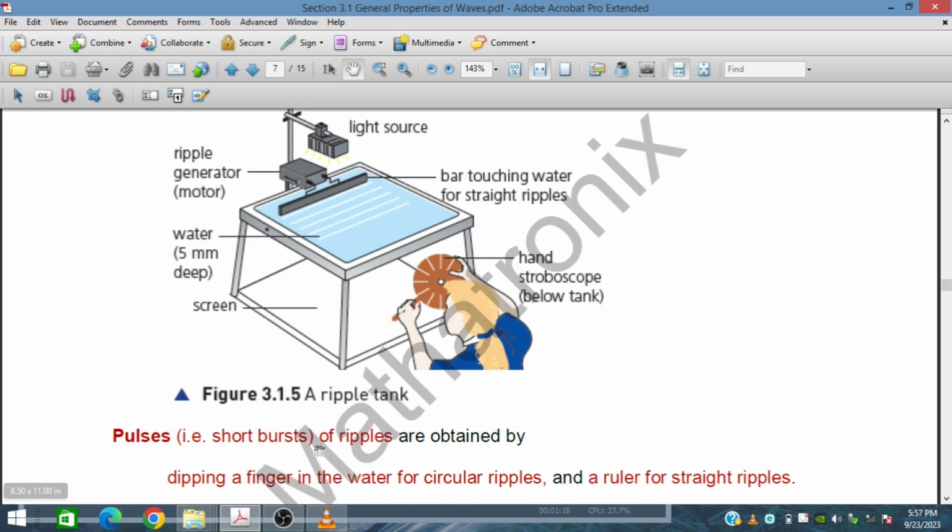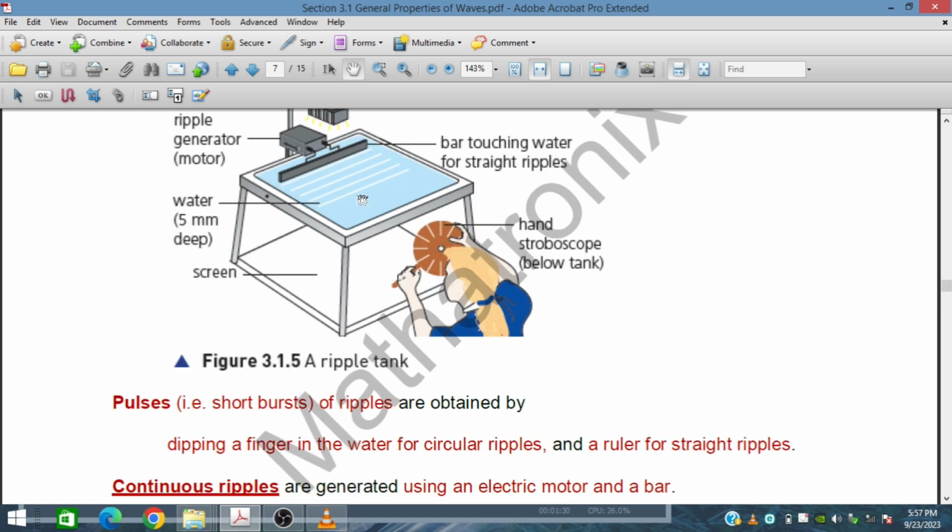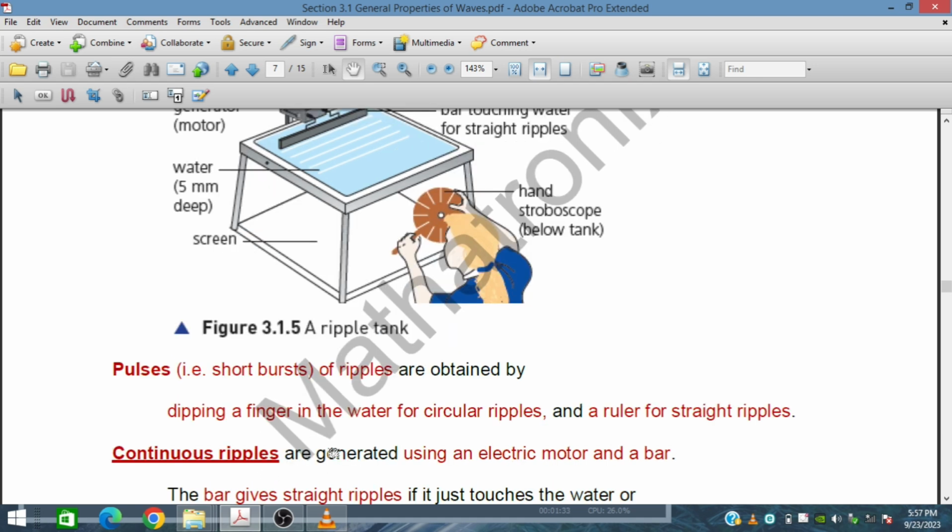The pulses, the burst of ripples, are obtained by dipping a finger in the water for circular ripples, or by a ruler for straight ripples. This is a ruler, so straight ripples will be created, but with a pointed finger, circular ripples will be generated.